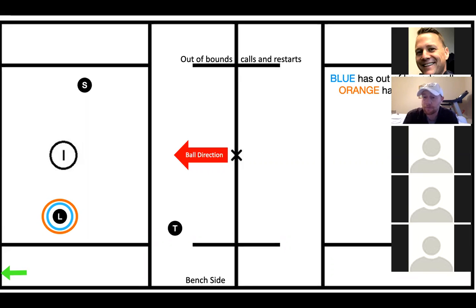Gene, on the example before where it was not quite behind the crease or directly behind the goal, would that not be a case where the lead, while he has inline responsibility for out of bounds, might want to go back into position and maybe have either the single side call the restart just so the lead can get off of the end line and get back away a little bit? Right here? Is that the one you're talking about?